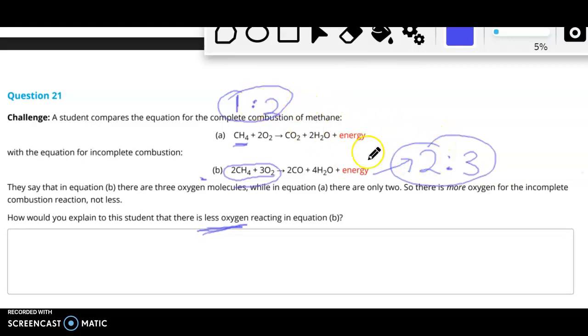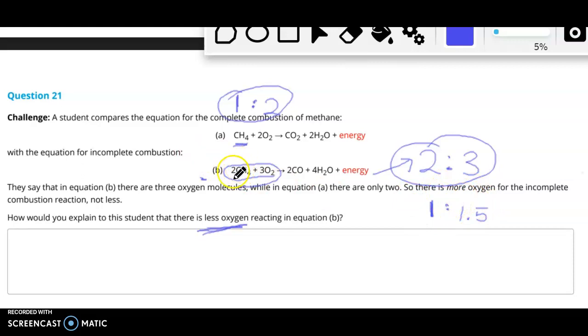Now it's a little bit difficult this way, so it's always good to simplify. They both have methane in it, so we can compare by simplifying this one to if there was only one methane for this equation. Then we'll divide this by half as well, and there would be 1.5 oxygen molecules that you'd need to make this reaction happen.